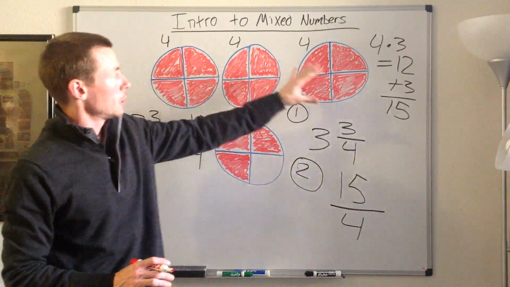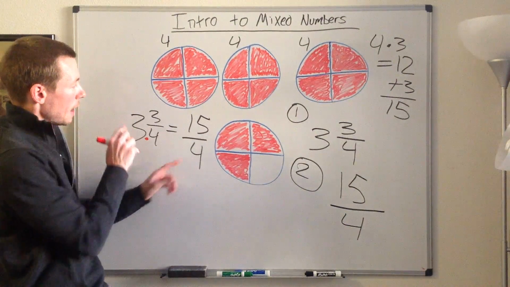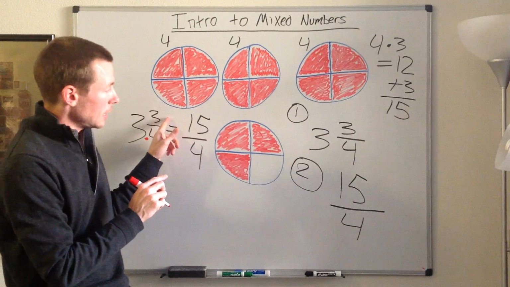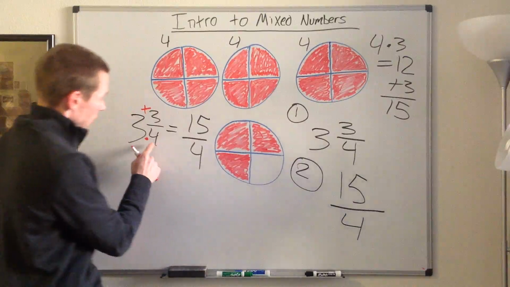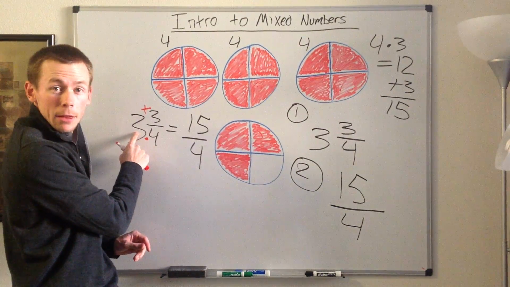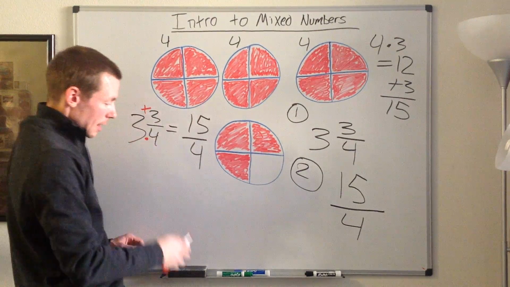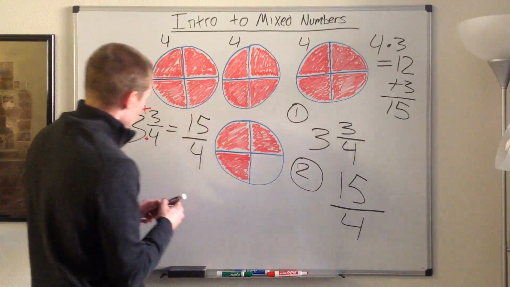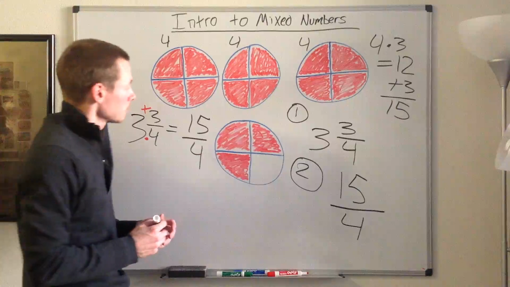So 1, 2, 3 complete circles. 3 times 4 equals 12, and then we added the 3 at the end from right here. So what it really is, is taking the denominator, multiplying it by the whole number, and then adding on the numerator at the end, and that's what gets us 15 fourths. Okay?